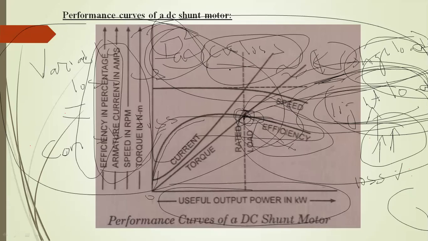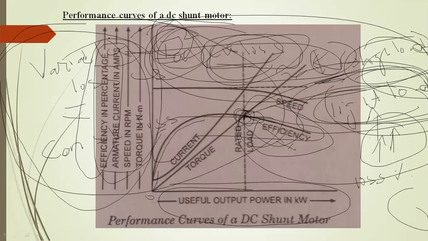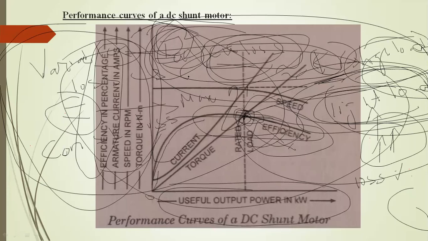The copper loss of the armature depends upon the square of the armature current, so these losses are called variable losses. By comparison of constant losses and variable losses, at the point where these two losses are equal, we are going to get the maximum efficiency. That's it. These are the complete performance characteristics of the DC shunt motor.